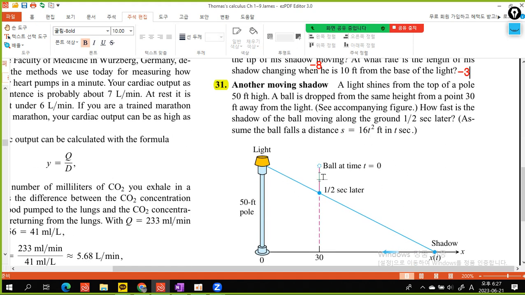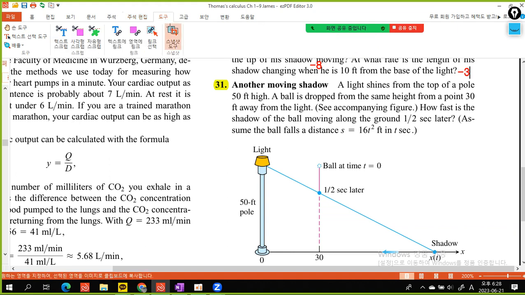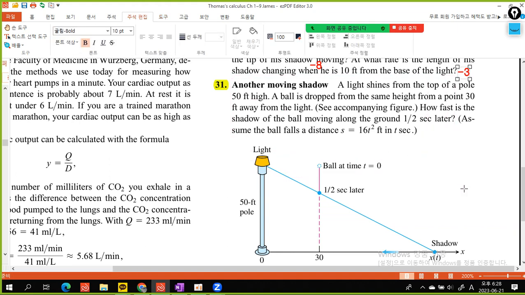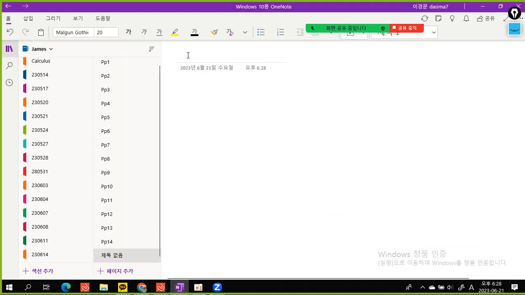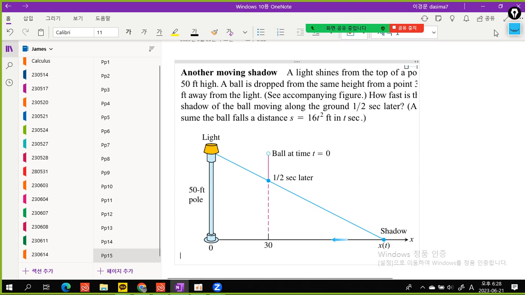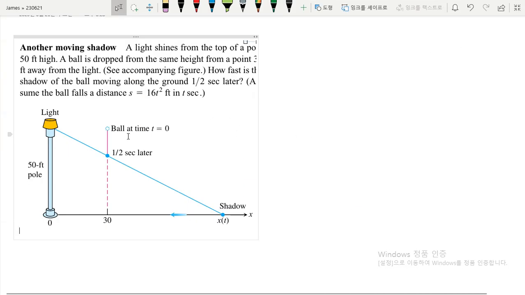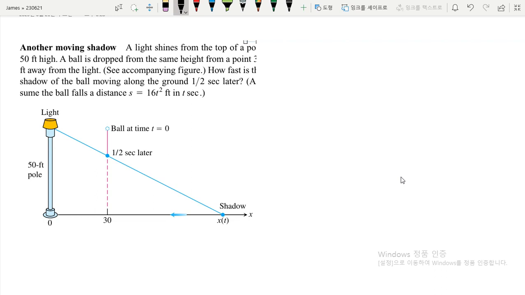And in number 31, if a ball is dropped, we can also find the change in the length of the shadow in this case. Because the ball is in free fall, we use the free fall equation. s is 16 times t squared.